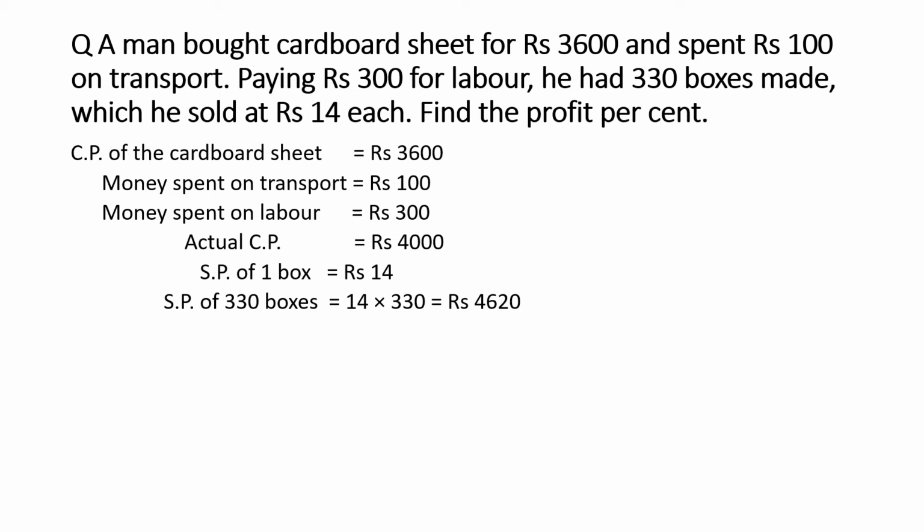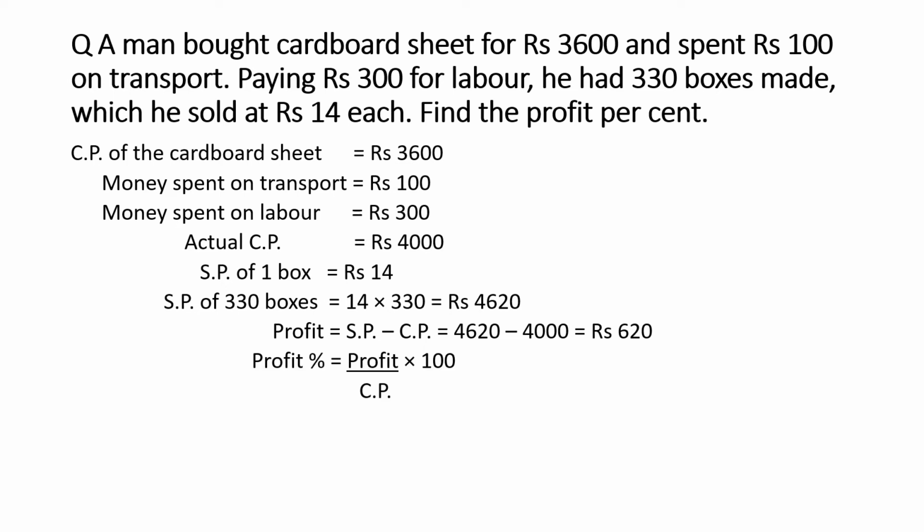And he sold all those 330 boxes for rupees 4620. So his profit will be SP minus CP, 4620 minus 4000, that is rupees 620. So now profit percent is profit upon CP into 100, 620 by 4000 into 100. And when you cancel it off, you are left with 15.5%. That is his profit percent from the boxes he has made.